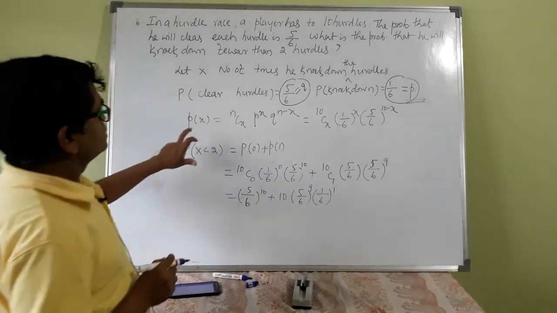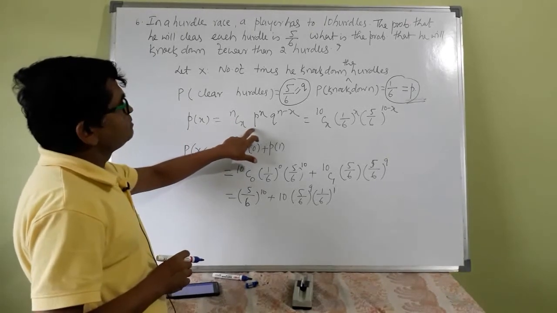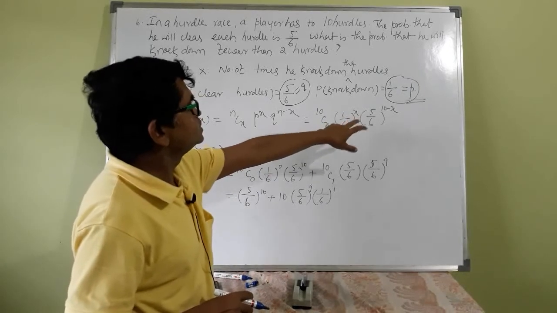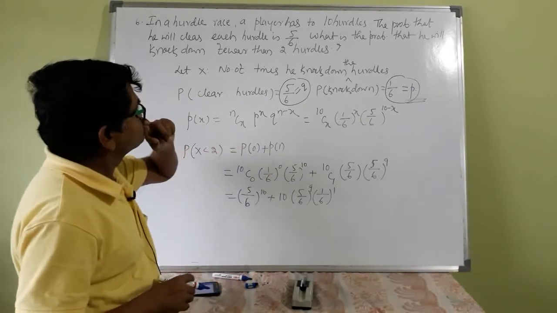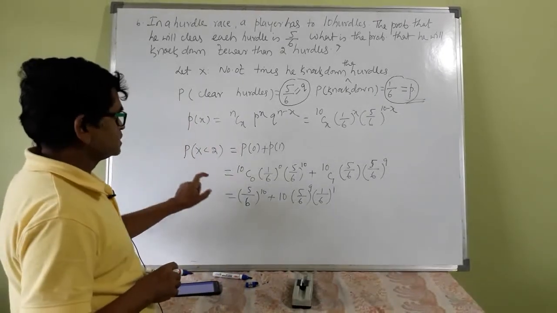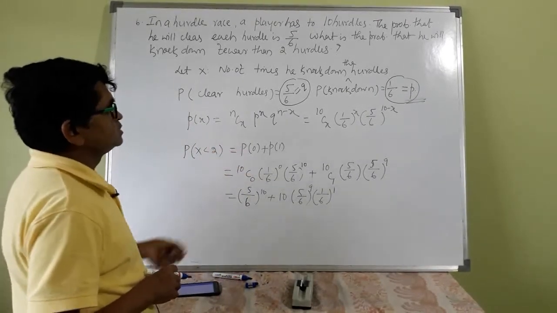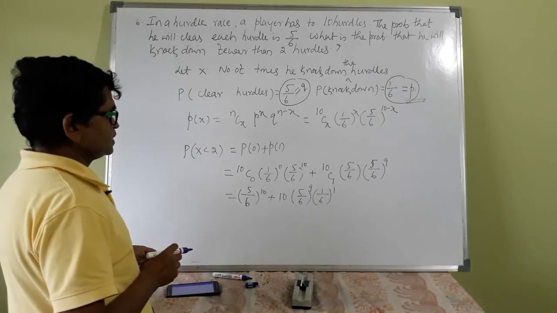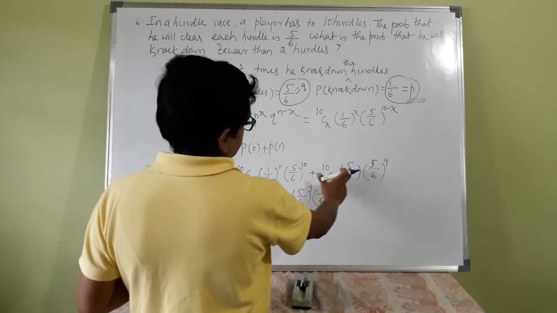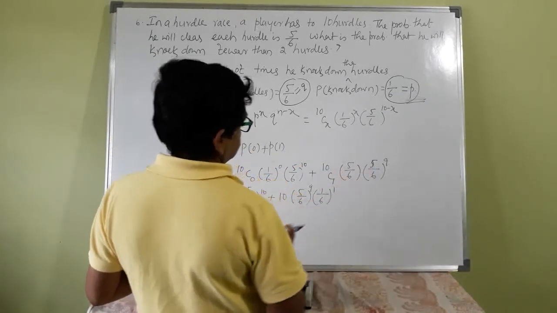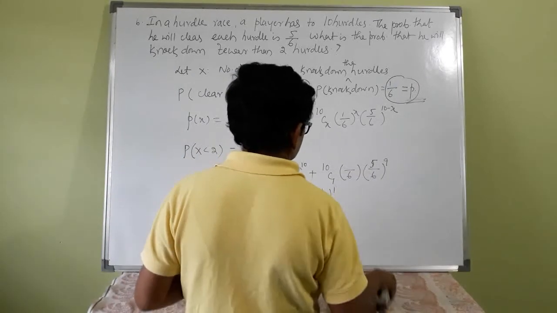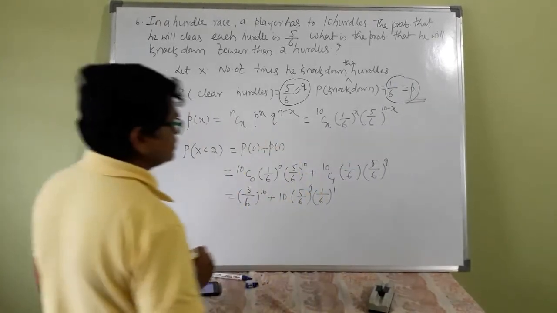Okay. Then nCx P raised to x is 1 by 6 raised to X, and Q is 5 by 6 raised to 10 minus X. Now these are correct. Only thing is you have to change the P and Q. See here, 1 by 6 raised to 0, 5 by 6 raised to 10. 10C1, 1 by 6, sorry this is 1 by 6, and 5 by 6 raised to 9.